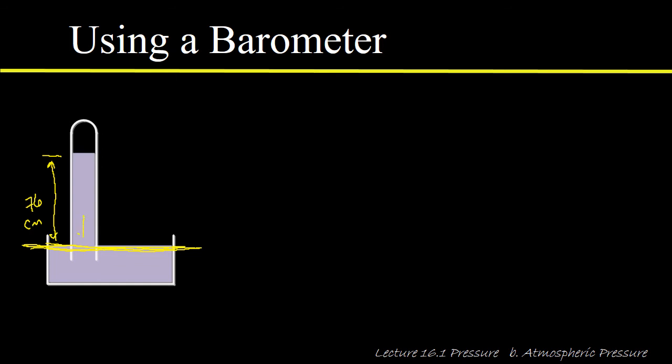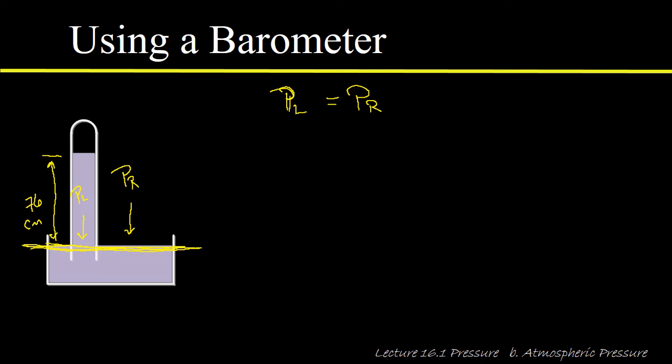There's a pressure over here. I'm going to call this pressure left. And there's also a pressure over here. I'm going to call that pressure right. Okay? And we know that pressure on the left is equal to the pressure on the right.